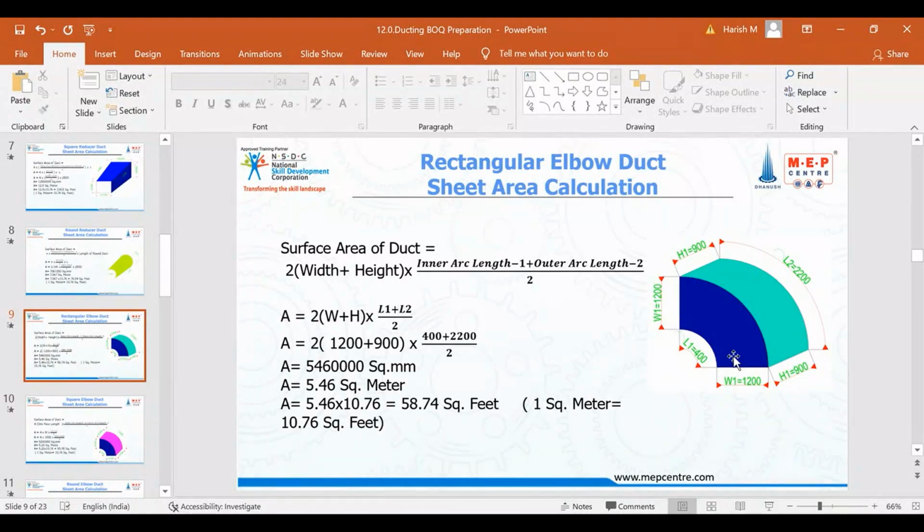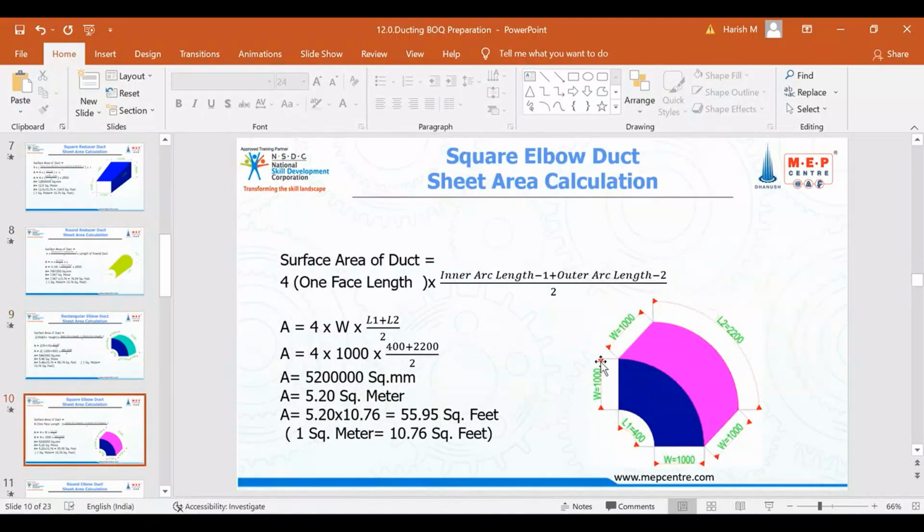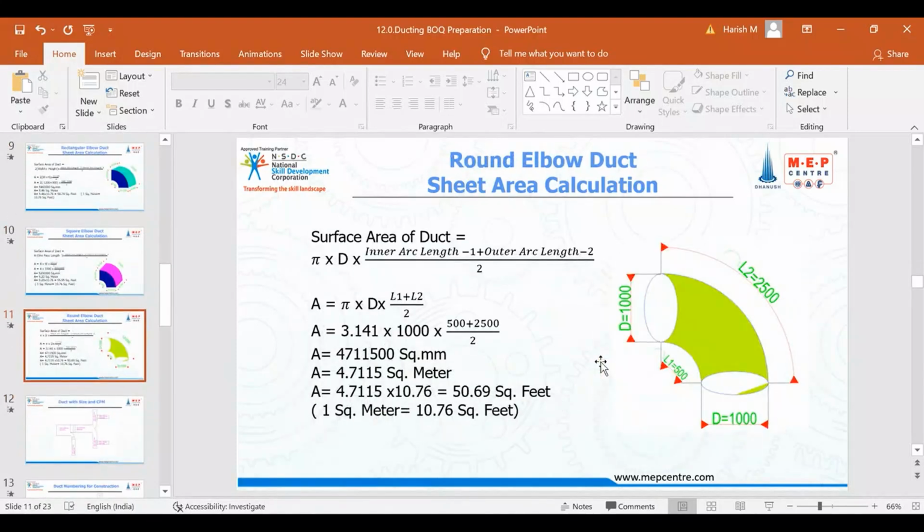Here, instead of the L value, we go with L1 plus L2 by 2, the average. Same for square and rectangle, and for round also: inner arc length plus outer arc length divided by 2.